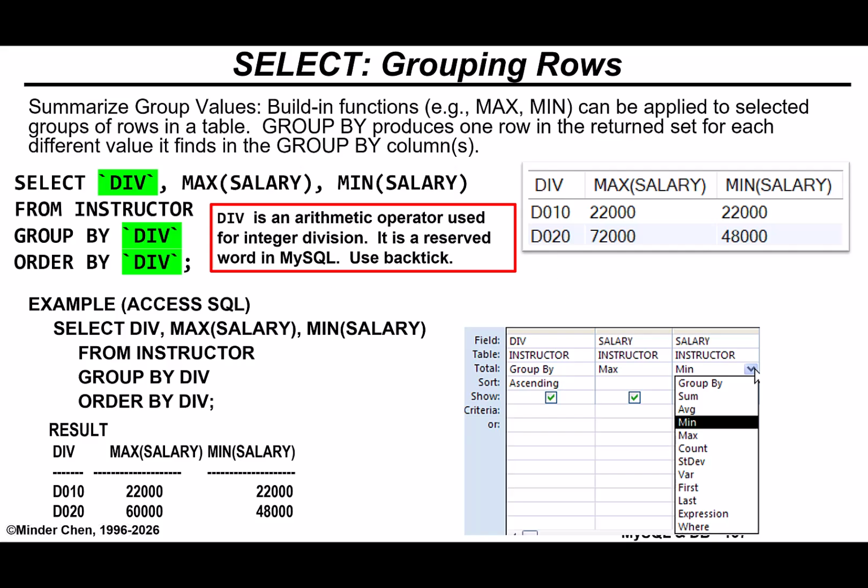So you can still use group by, and you can use order by, say division, to make sure the result after the group by will be displayed in a certain order, based on your liking. Sometimes group by will give you the information as a group in the order that you want without order by, but that's not guaranteed.